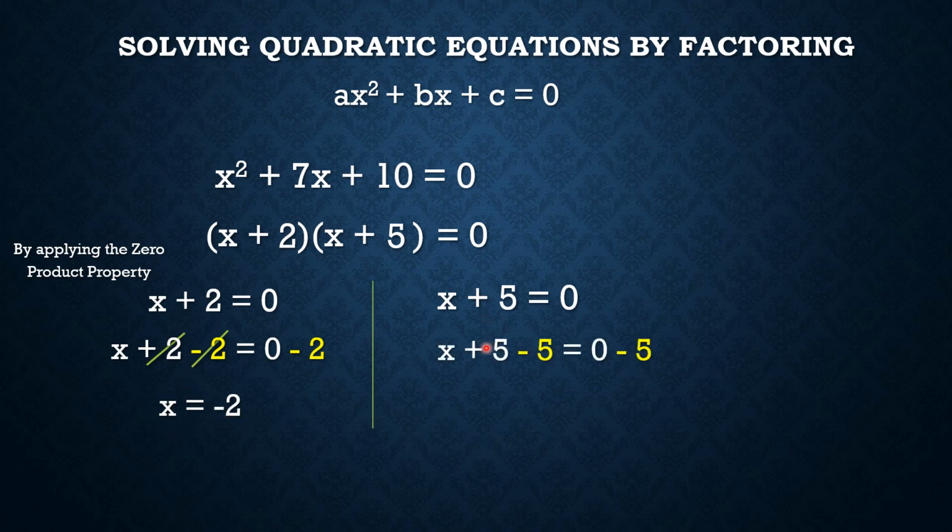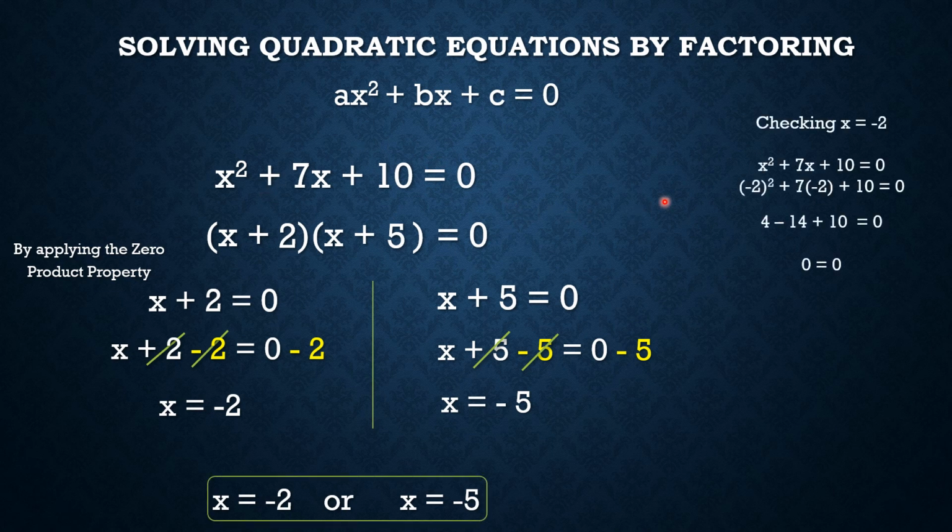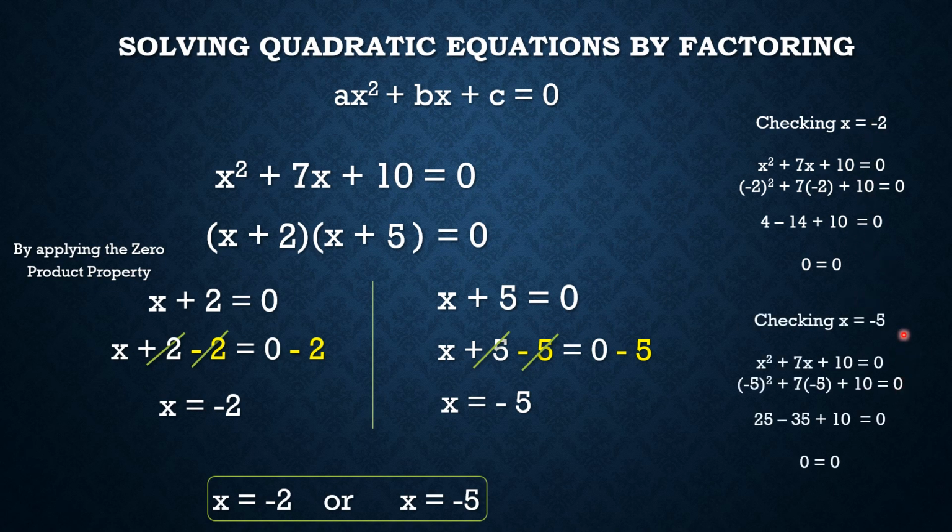And then here, by adding negative 5 to both sides of the equation, cancel, cancel, and then we have x equals negative 5. So we have x equals negative 2 or x equals negative 5 as our solutions to this quadratic equation. By checking, we have this, by substituting the values of x to the original equation, and we also have this.